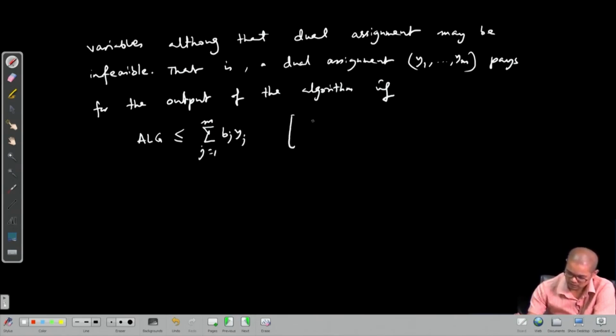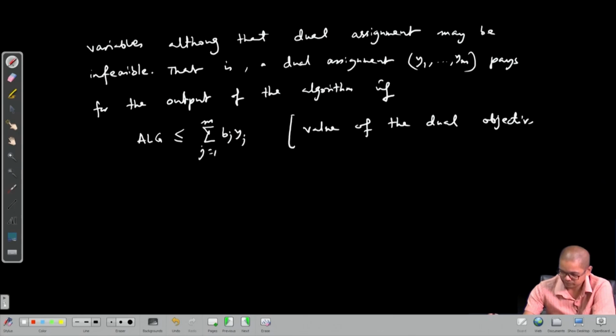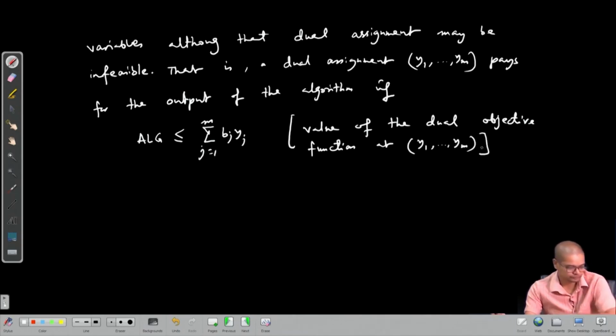So this is the first step: to come up with a dual assignment which may be infeasible, but this gives a bound on ALG.